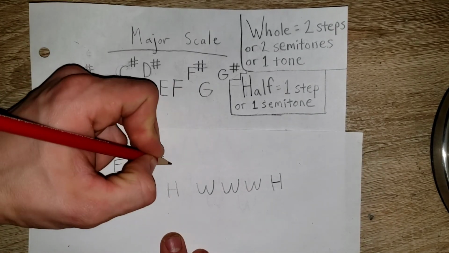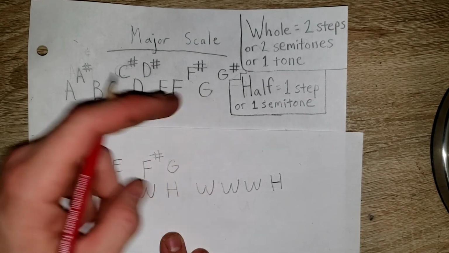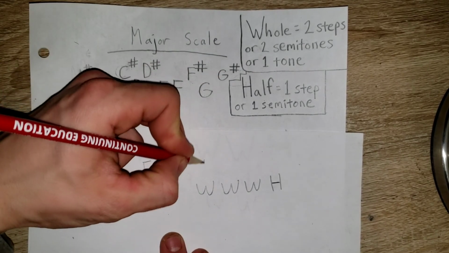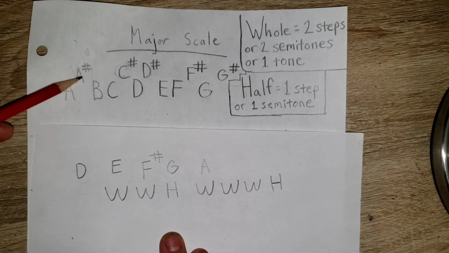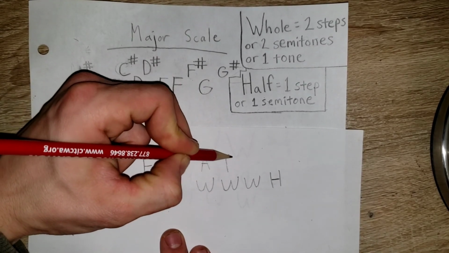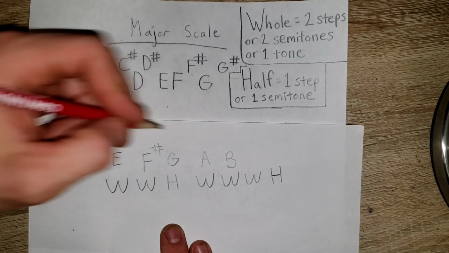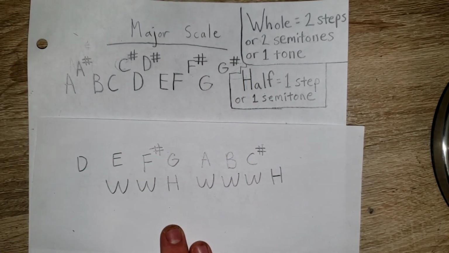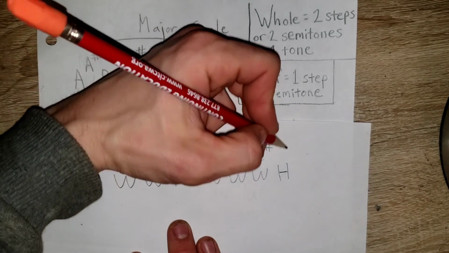So from F sharp, we're just going to go to G. From G, we're going to go a whole step, 1, 2, A. So from A, we're going to go up another whole step, B. From B, we're going to go up another whole step, C sharp, and then from C sharp, we're going to go up a half step, and look at that.